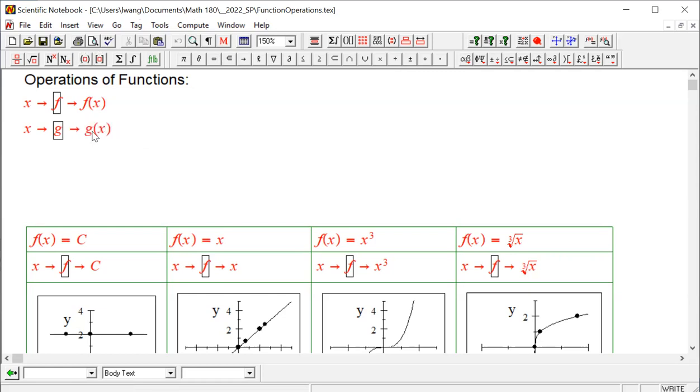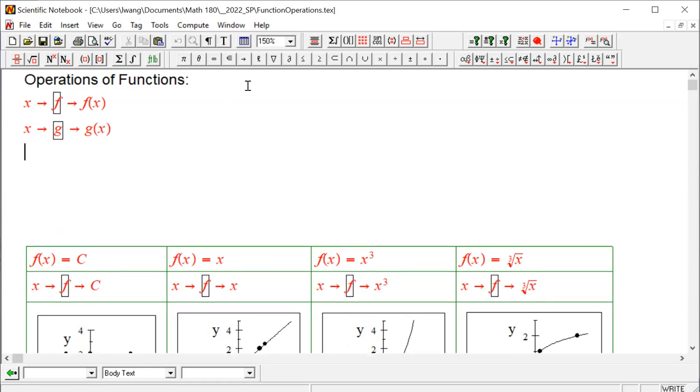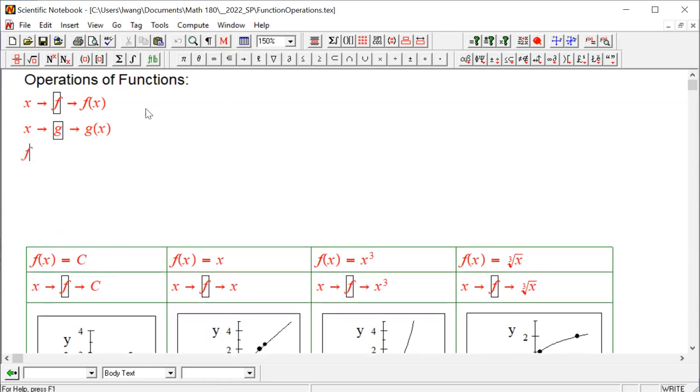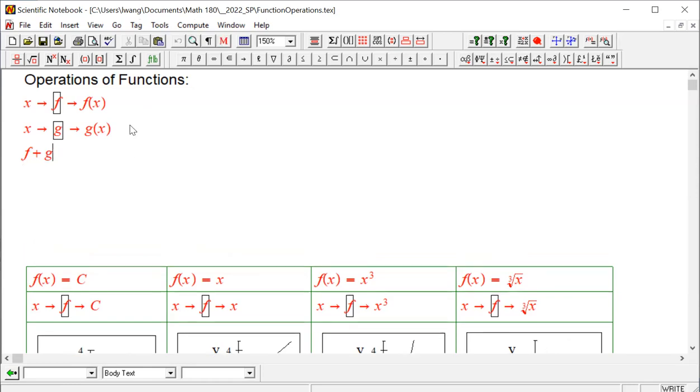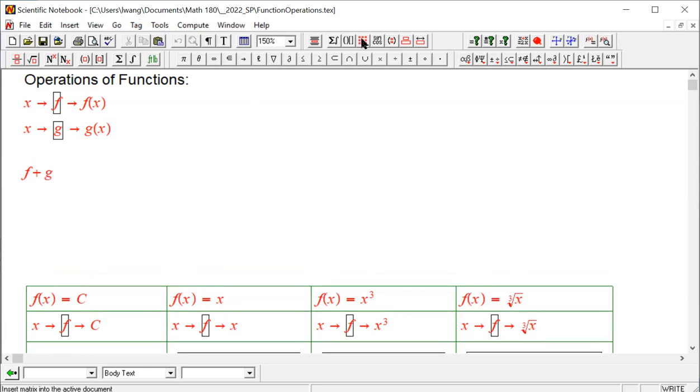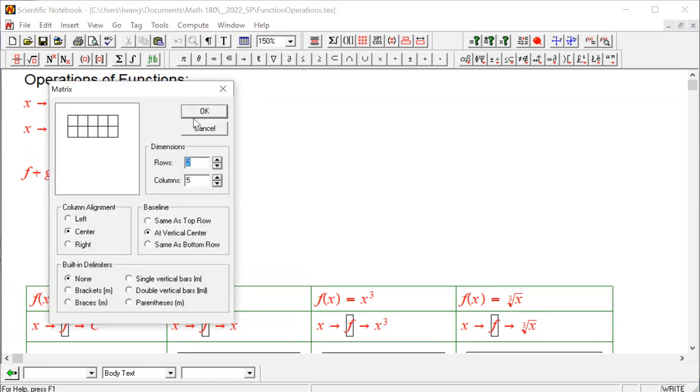So there are 2 functions, so we have 2 rules. And what can we do about these 2 rules? Well, we can add these rules, and we can subtract. Let me make a table of the operations we can do with functions.